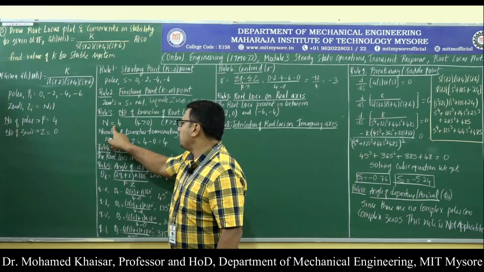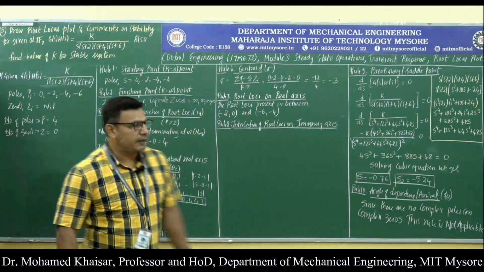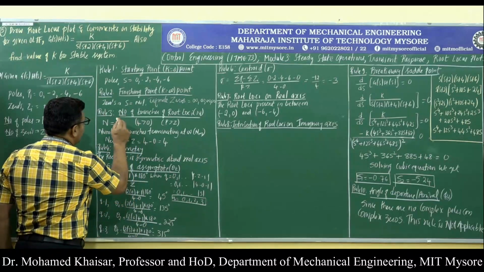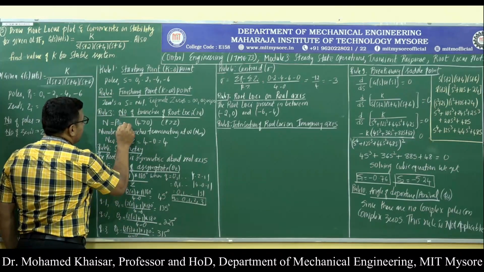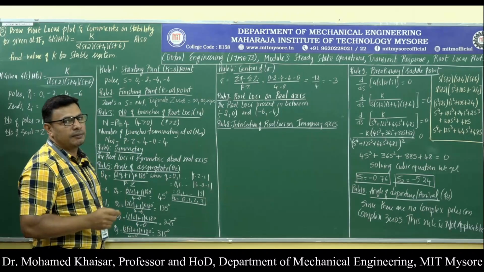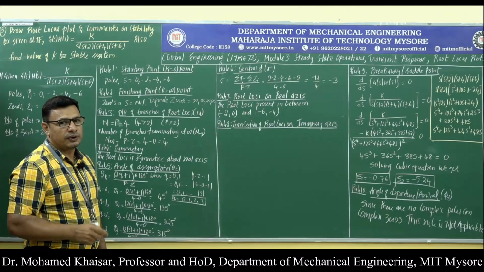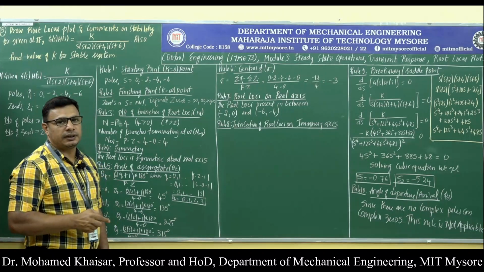N is equal to, what we will write is, we know that the number of branches of root loci will be equal to the number of poles if the number of poles is greater than the number of zeros, and the number of branches of root loci will be equal to the number of zeros if the number of zeros is greater than the number of poles.